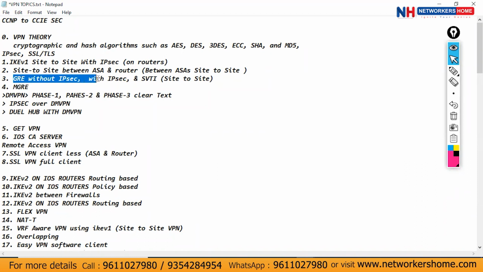GRE gives you the concept of site-to-site. And how can I use that GRE protocol to communicate with multiple sites? First of all, we'll understand only within site-to-site. Then we'll try to understand how multi-site communication can happen using the GRE protocol.